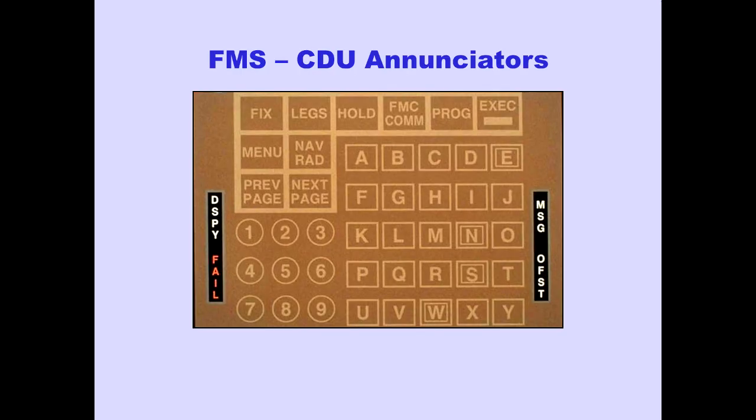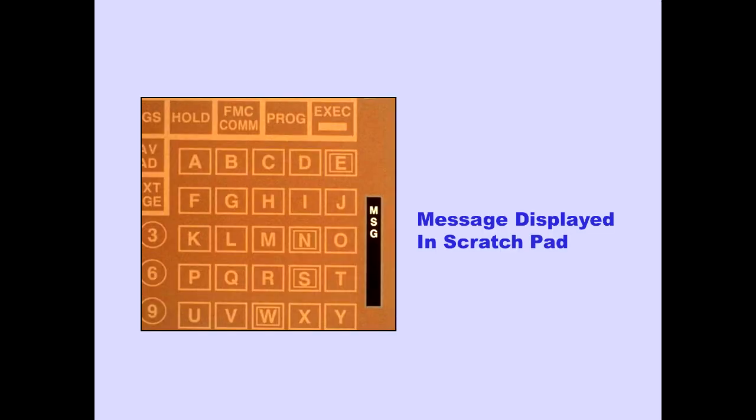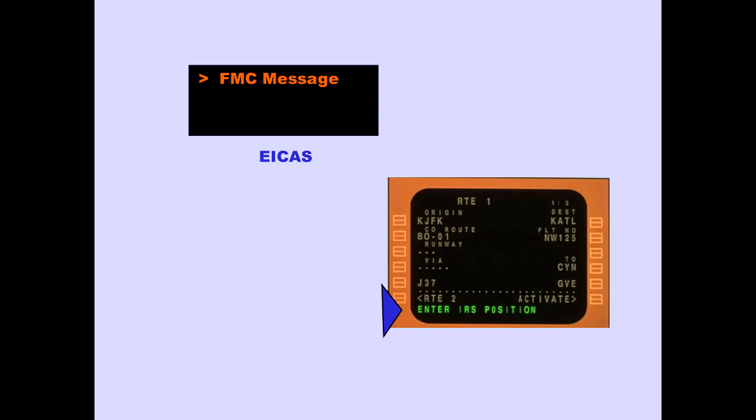The FMS CDU annunciators illuminate to remind or notify the flight crew of various conditions. The FMS CDU annunciator message illuminates when a message is displayed in the scratch pad. ICAS advisory message FMC message is displayed when an FMC message is displayed in the FMS CDU scratch pad.